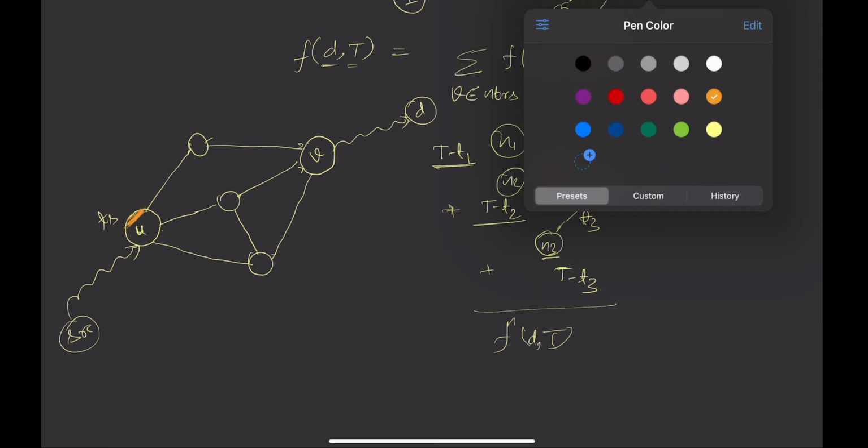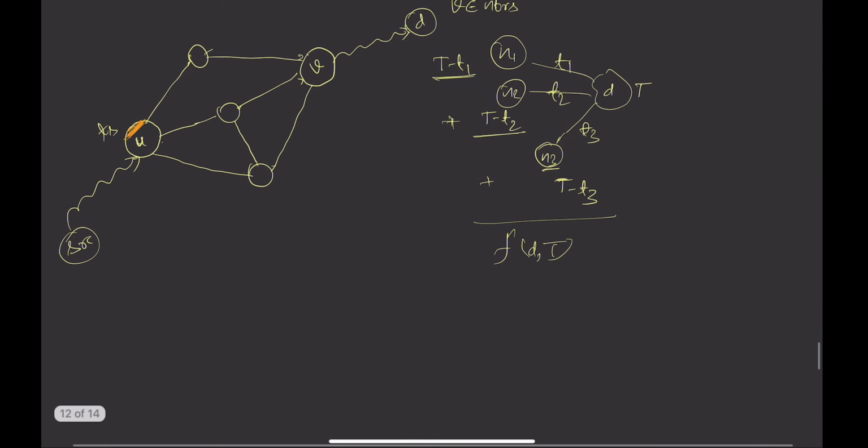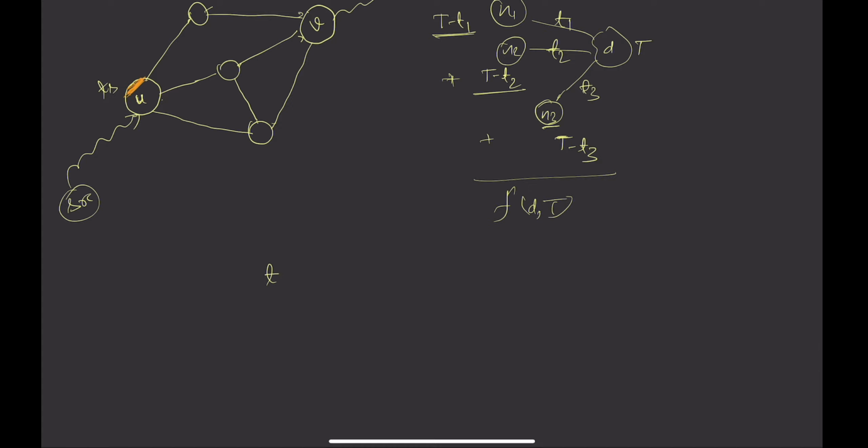I know the time to reach u from source in time ts. I think we will know it for all the nodes, right? Because from source I can run Dijkstra, which will give me the time to reach all the nodes u from the source in time ts. Okay, I know that answer.